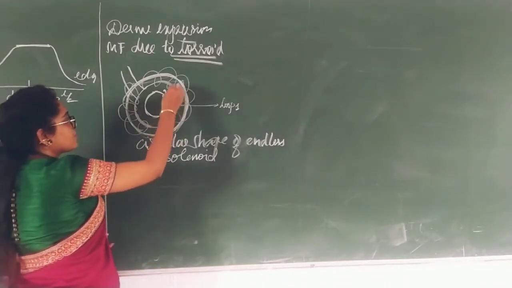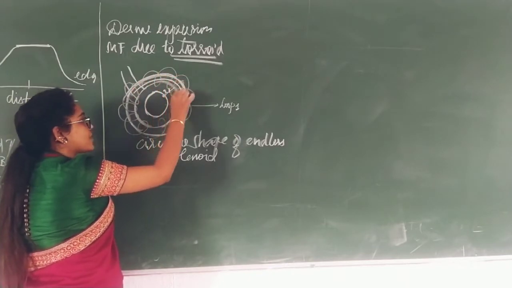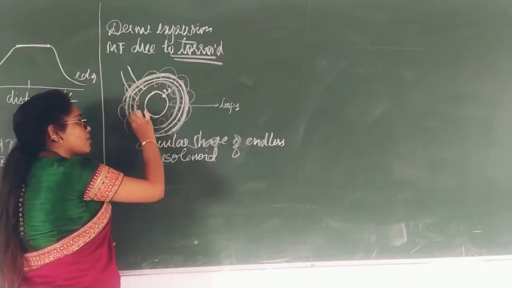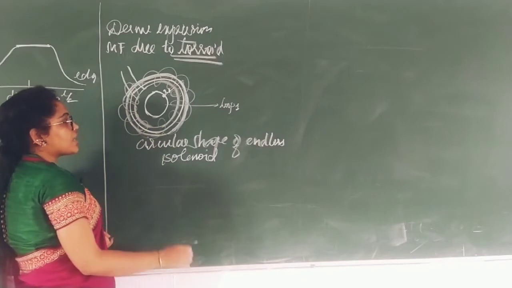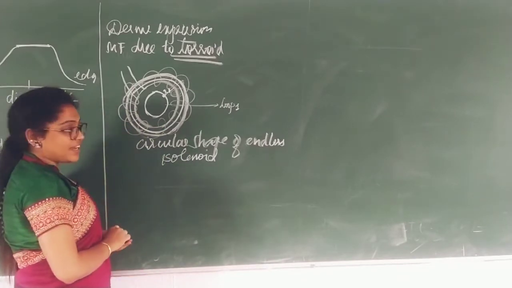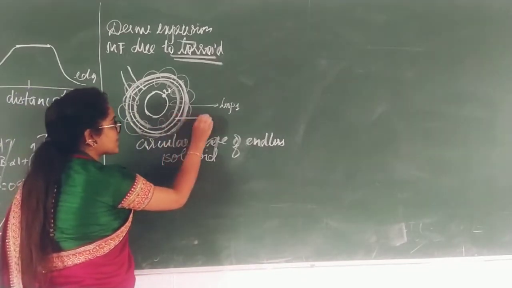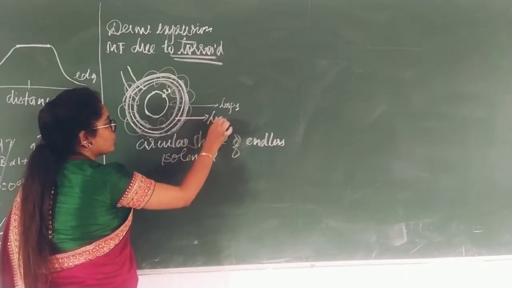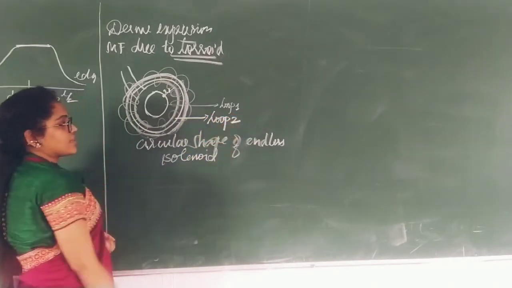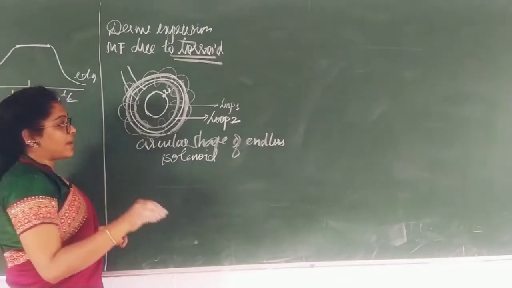Next, inside the toroid there is also a magnetic field, as we understood from the solenoid. So this I will consider loop 2, inside the magnet.